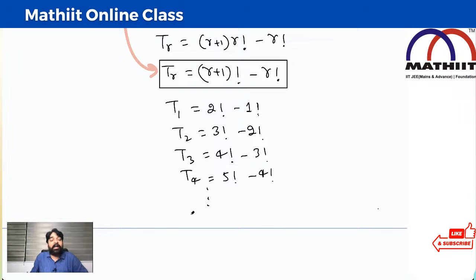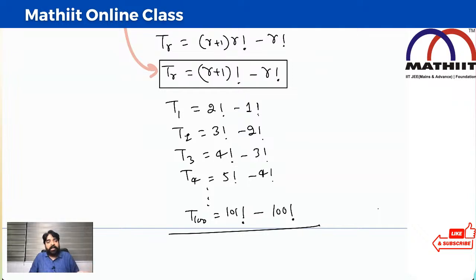I have to add up to where? Up to T100. That will be 101 factorial minus 100 factorial. Yes or no? By this summation only we want: first term plus second term plus third term.